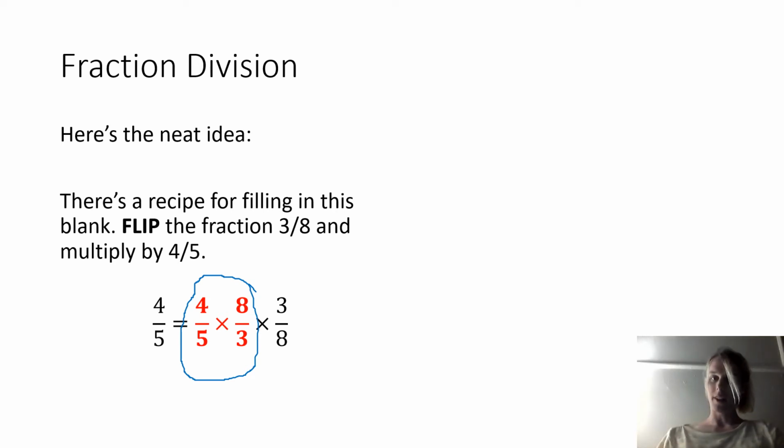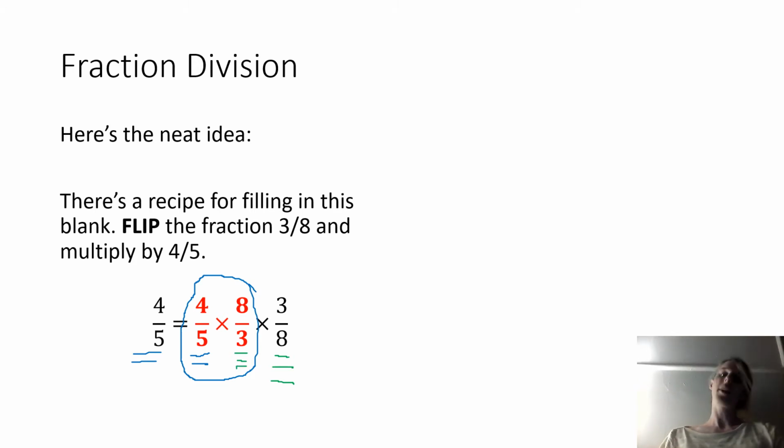And the recipe is to take the divisor, which I'll underline twice in blue, and multiply by the dividend, which I'll underline three times in green.